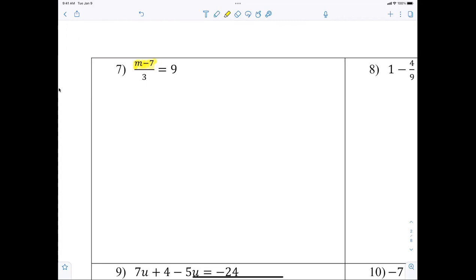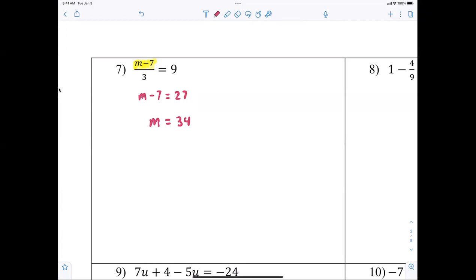To get rid of dividing by 3, I have to multiply by 3. So I end up with m minus 7 equals 27. And now I get rid of the subtraction by adding 7. So now m equals 34.